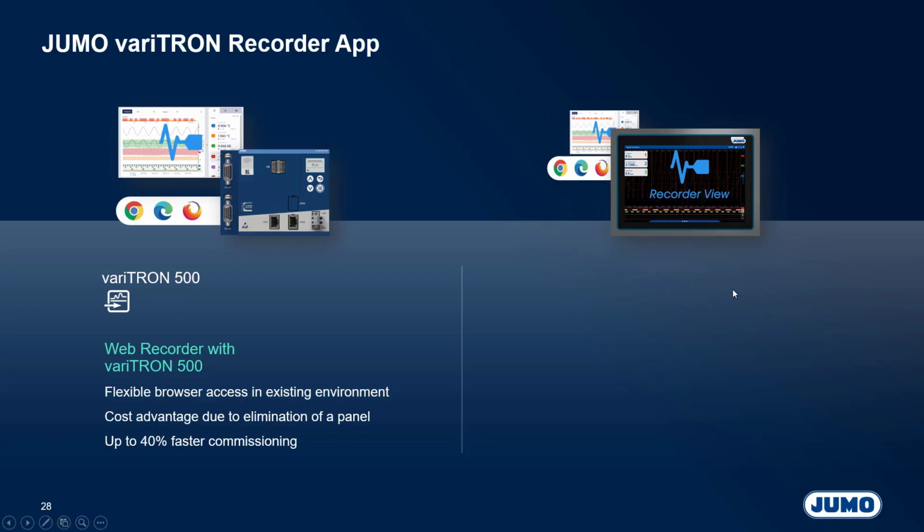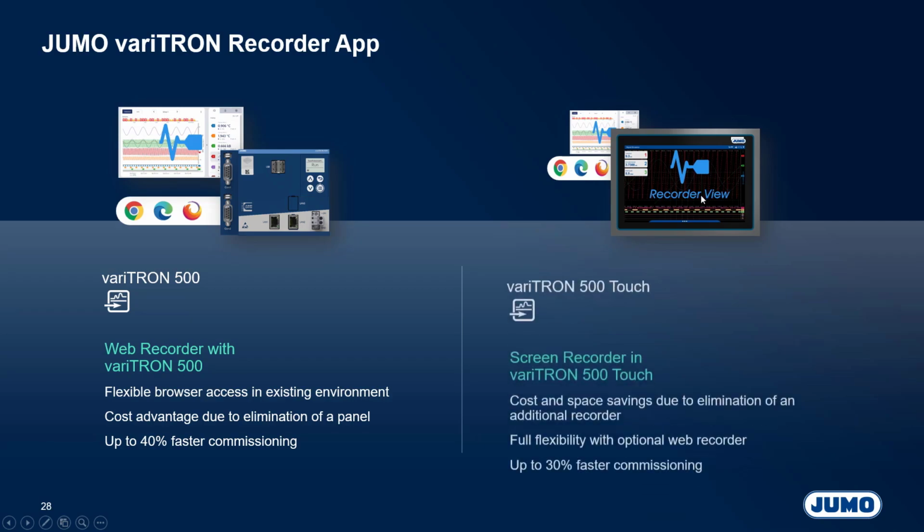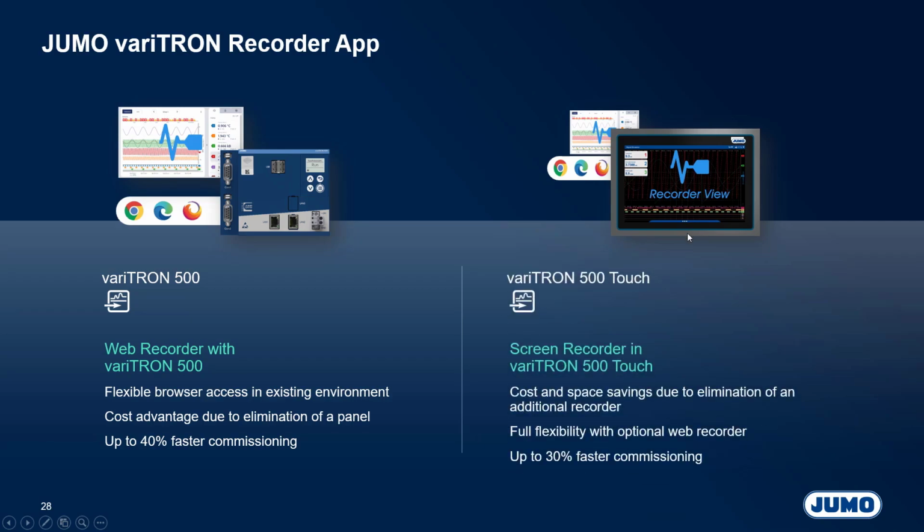And with variTRON 500 touch, the panel is already integrated. So the screen recorder is inside the variTRON 500 touch, and there we have cost and space savings due to elimination of an additional recorder, full flexibility with an optional web recorder.